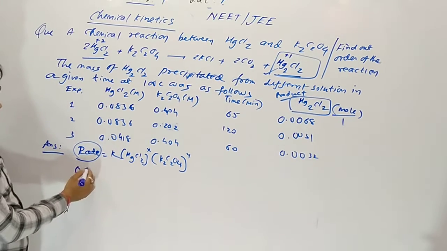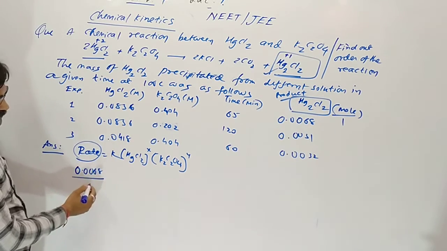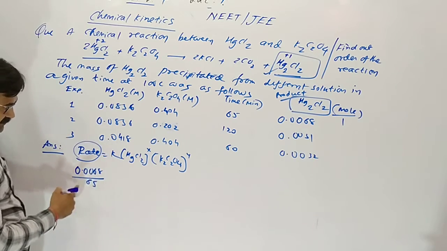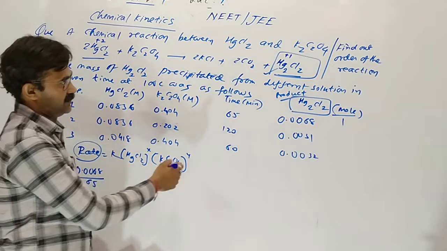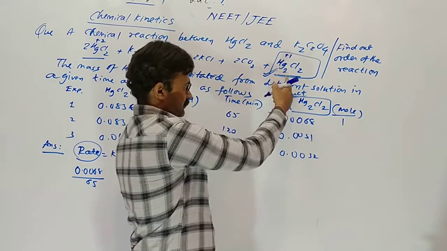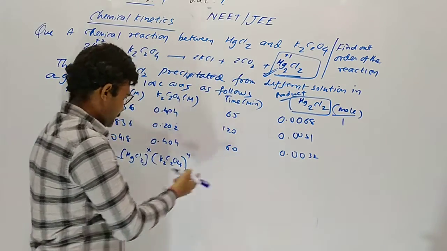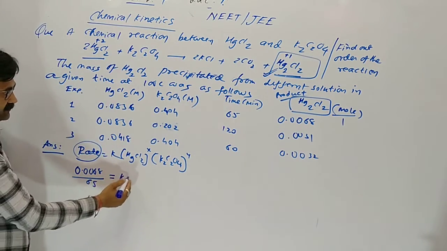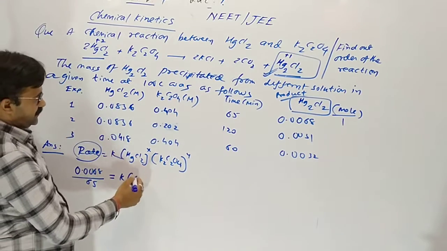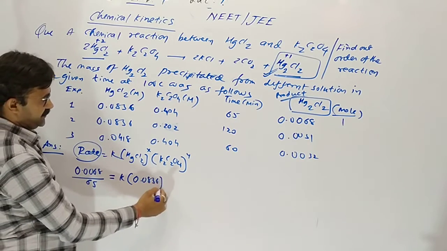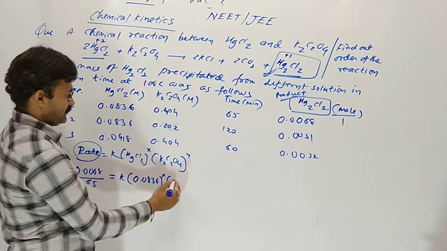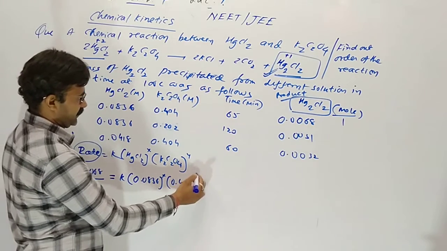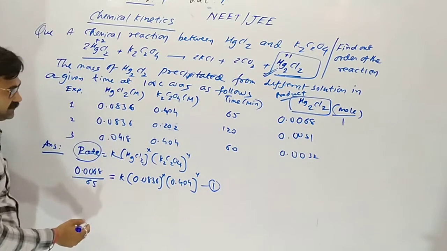So 0.00068 upon 65. Molarity occurred, mole upon time. So it is rate. K 0.0836 raised to x, 0.404 raised to y, equation 1.